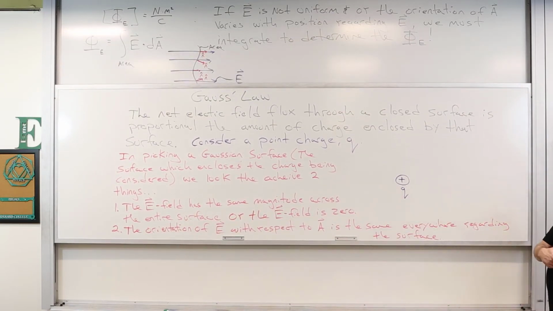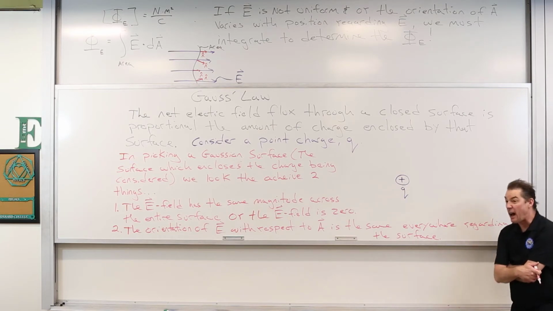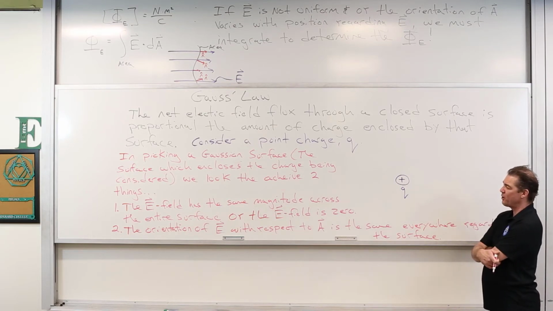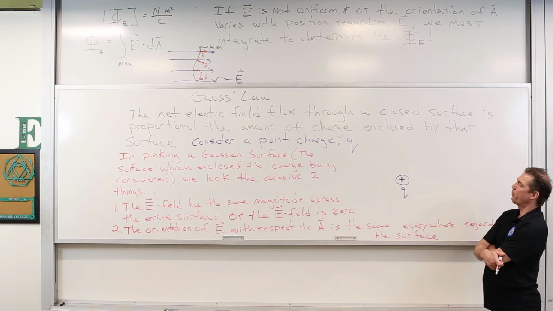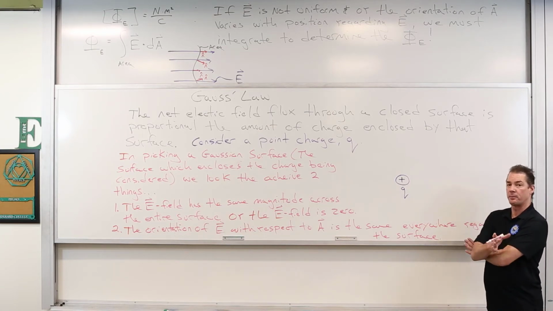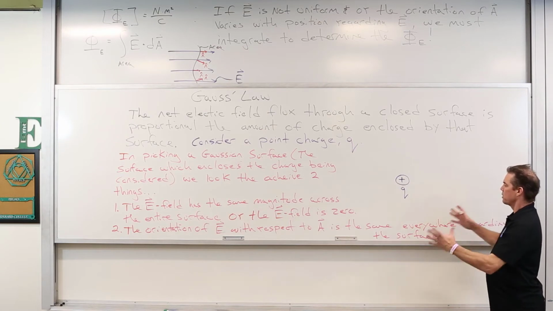Those are the two things that make utilizing Gauss's law doable. If you can't satisfy those two things, then Gauss's law is probably going to be very difficult to apply to a system. Not impossible, but just more difficult. But this is what we want to do.